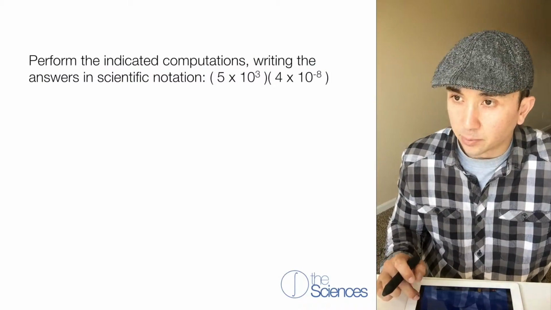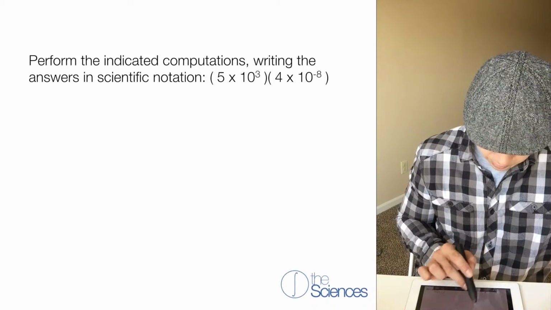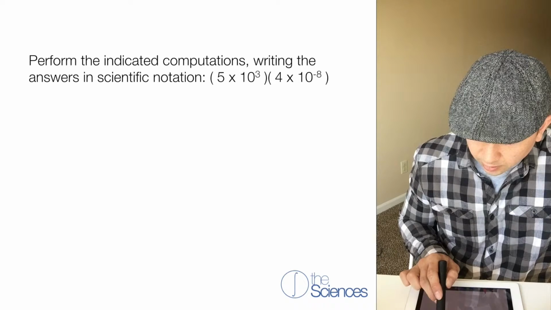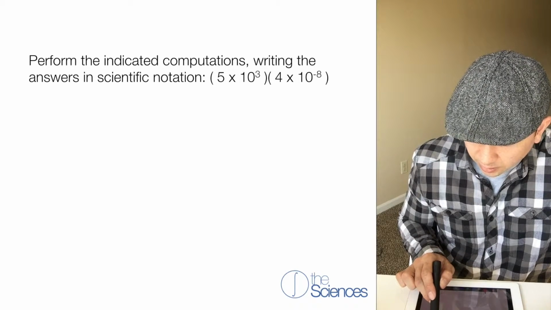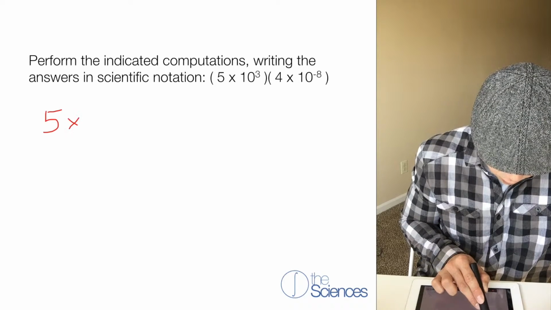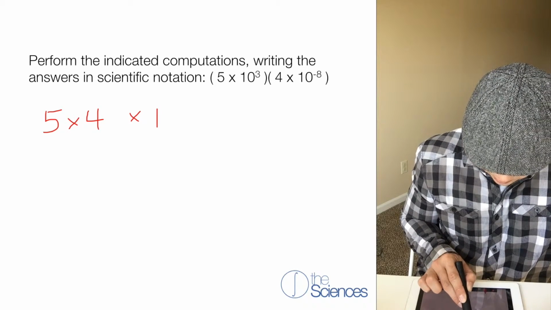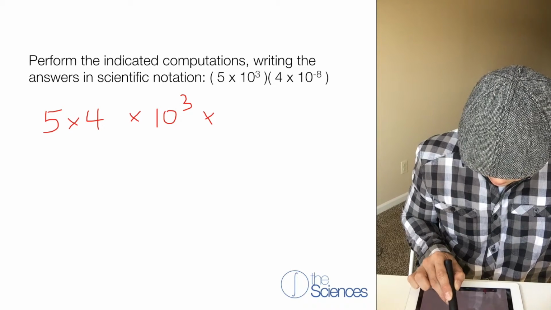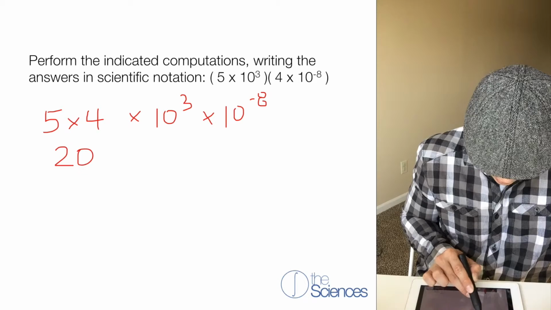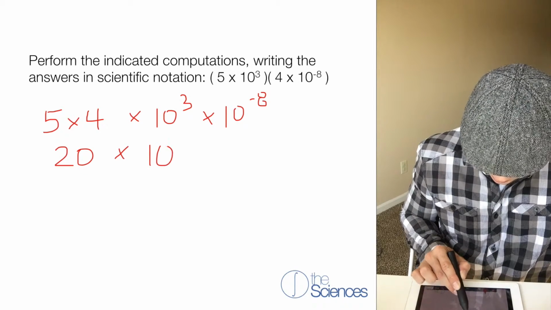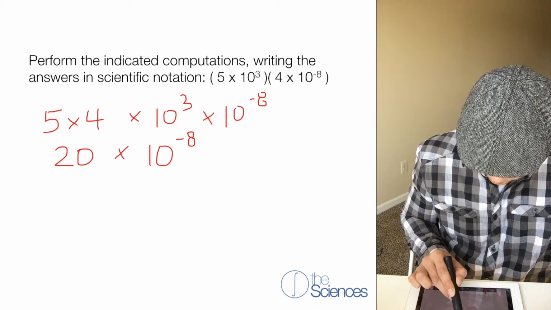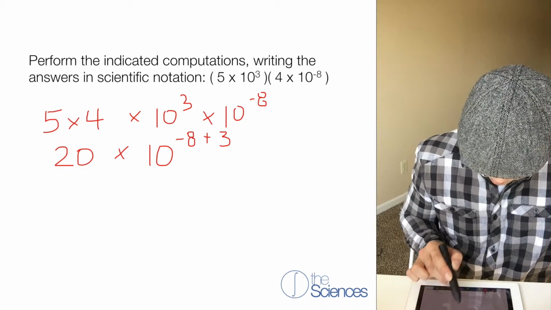So let's do an example. Let's multiply 5 times 10 cubed times 4 times 10 to the negative 8th power. So we have 5 times 4 times 10 cubed times 10 to the negative 8th power. So this gives us 20 times 10 to the negative 8 plus 3 power.